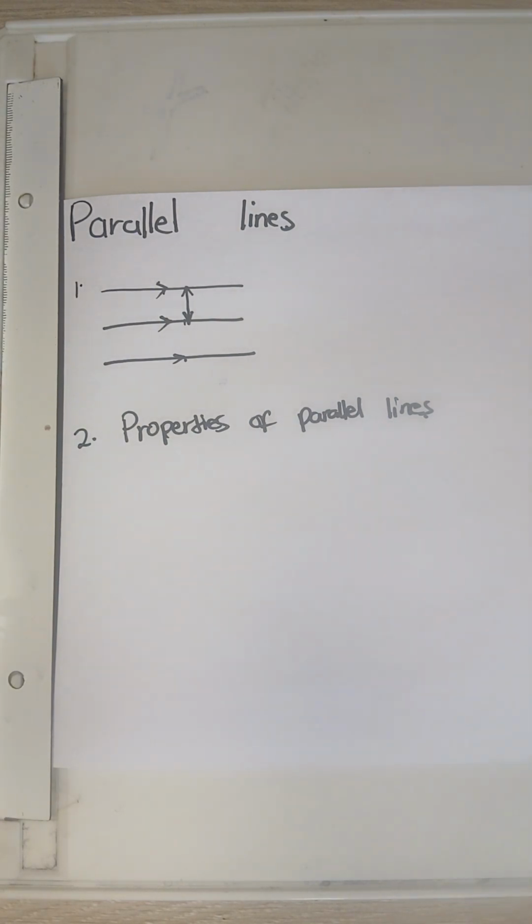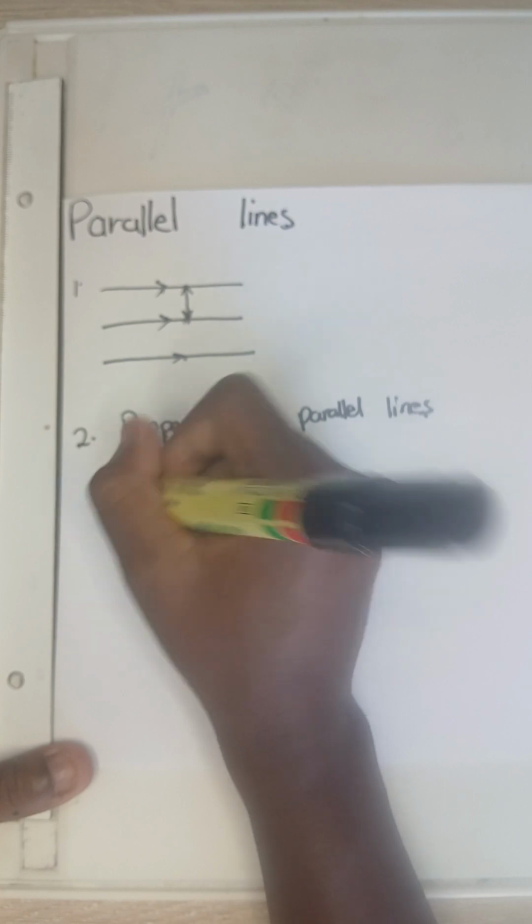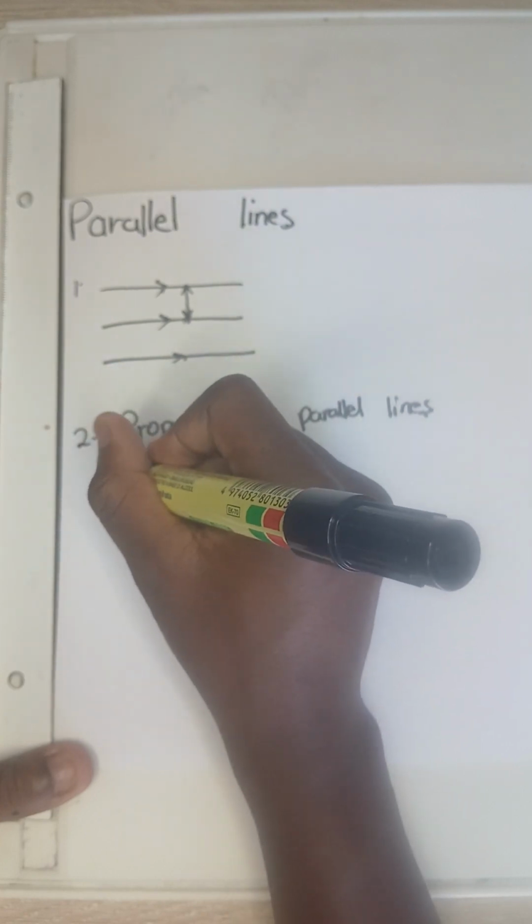Properties of parallel lines. We have corresponding angles, we have co-interior angles, and we have alternate angles. The first one, you will see it by the F shape.